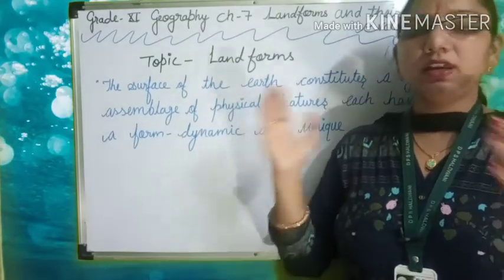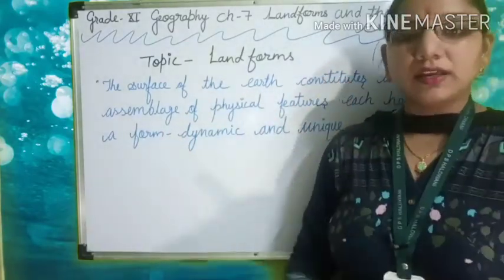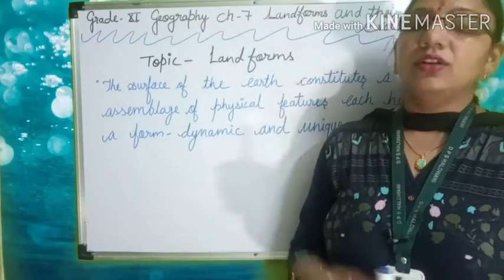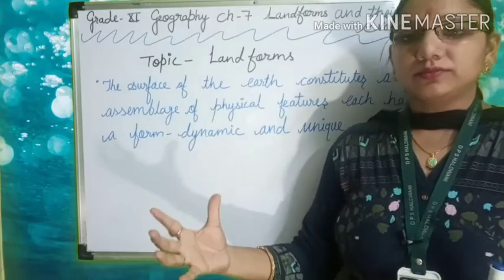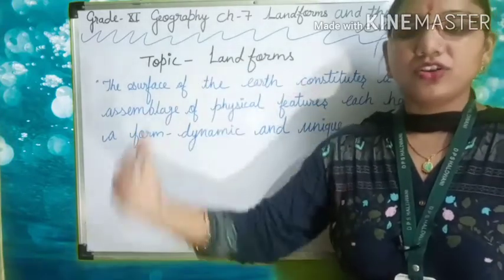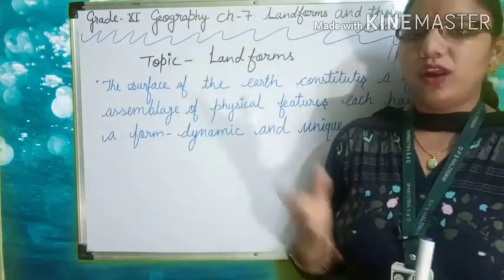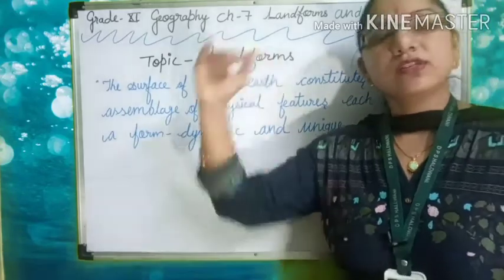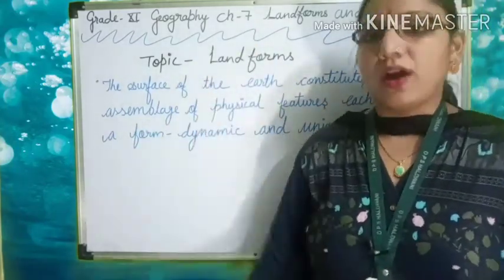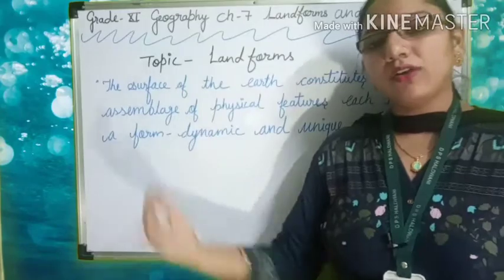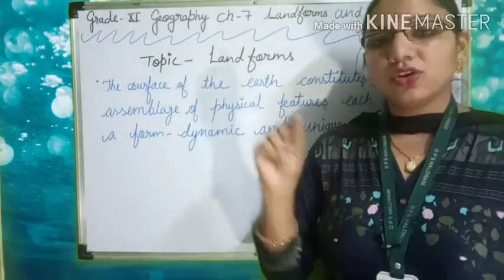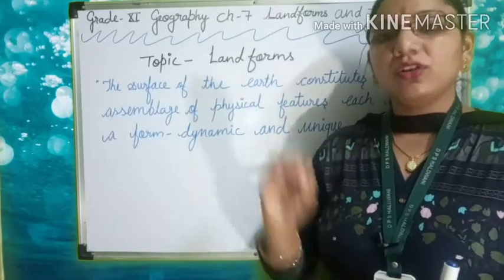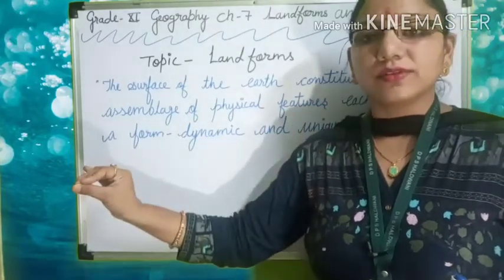Even, students, they can change their shape, size and nature due to the vertical or horizontal movement of landmass, and the movement can be slow or very fast. So students, how do landforms evolve? Let's see a short intro to the evolution of landforms.